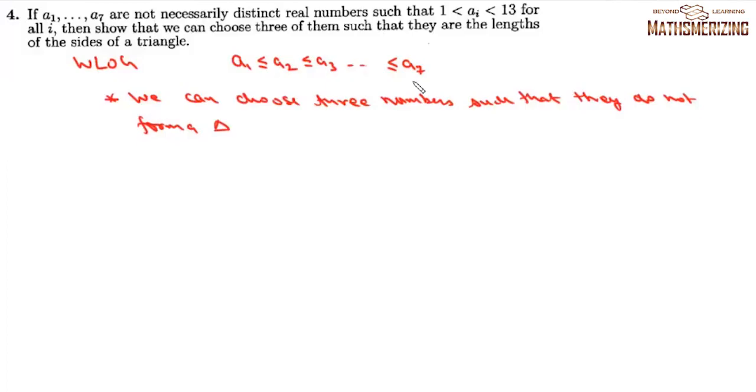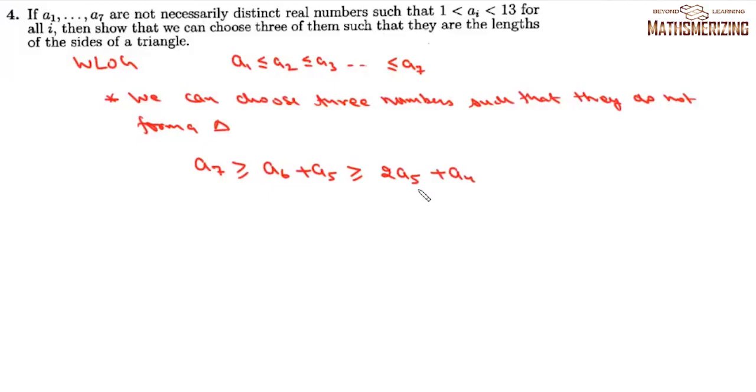Now a7, a6 and a5 do not form a triangle, which simply means that the sum of two sides must be less than or equal to the third side. So we can write a7 must be greater than or equal to a6 plus a5. And the same way we can write a6 must be greater than or equal to a5 plus a4. So we can write 2a5 plus a4.